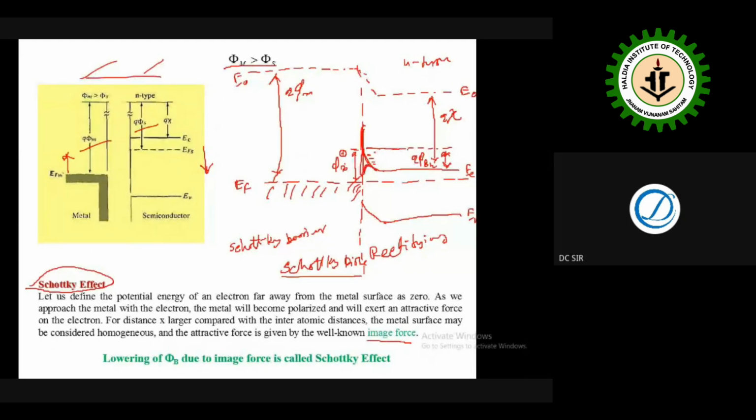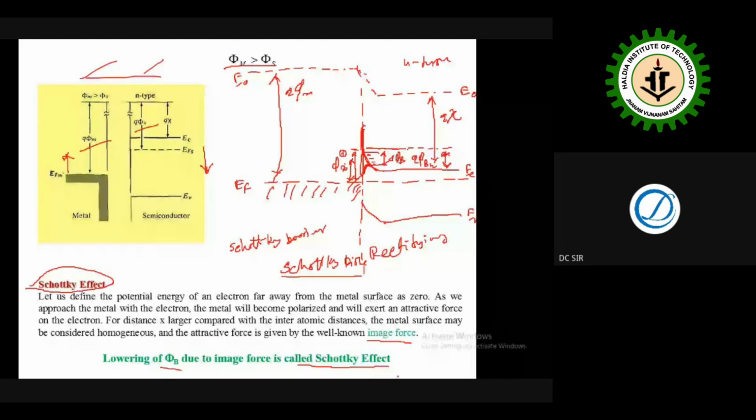Maybe this portion is lower. This is denoted by delta phi b. So this is called the Schottky barrier, and due to the image force this barrier is lowered. Lowering of phi b due to image force is called the Schottky effect.